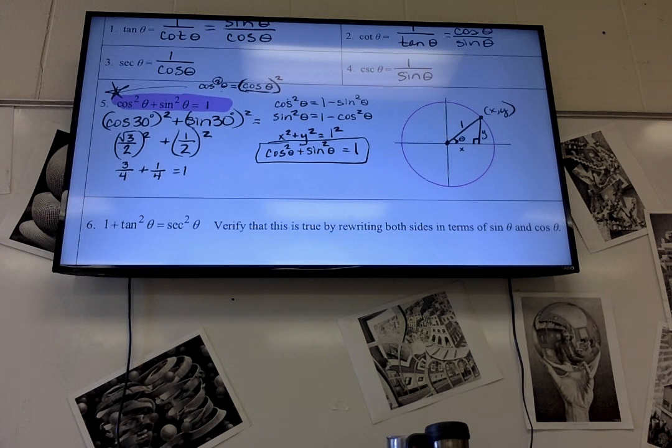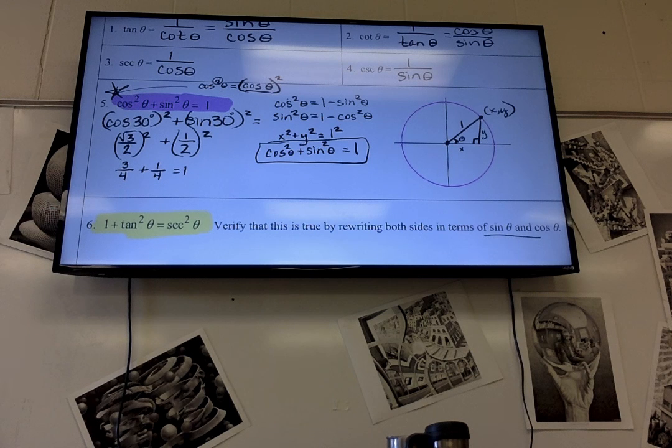Again, this next identity you need to know, like I said, all 7. We are going to verify it by rewriting both sides in terms of sine and cosine. By verifying it, we're going to make the left side look like the right side.